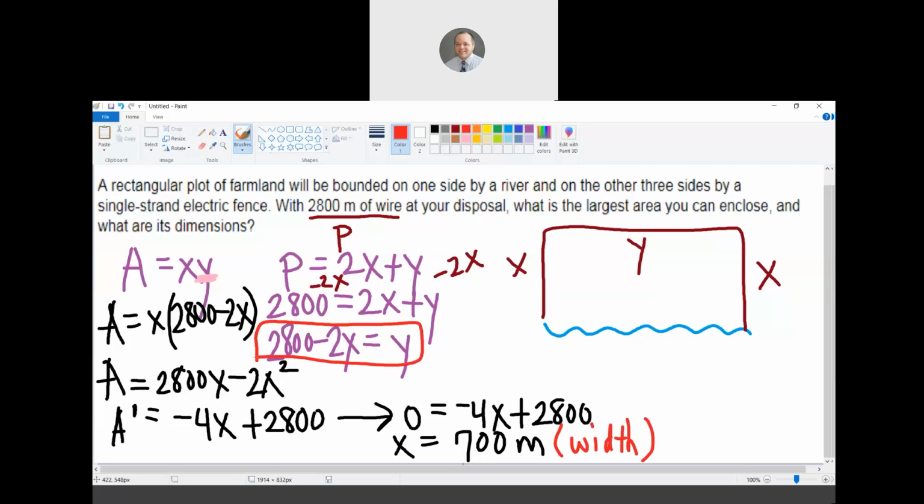Use this equation right here, since we got y by itself already. And in place of x, we'll plug in the 700. Now, when you perform the calculations, you get 1,400 meters for the length.